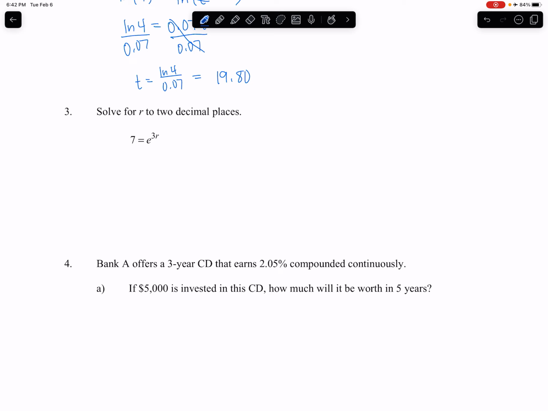Anyway, number 3, solve for r to 2 decimal places. This time we're looking for a rate. Same idea, we want to find r, so we will use our log properties. Since it's a base of e again, we'll use a natural log of both sides.